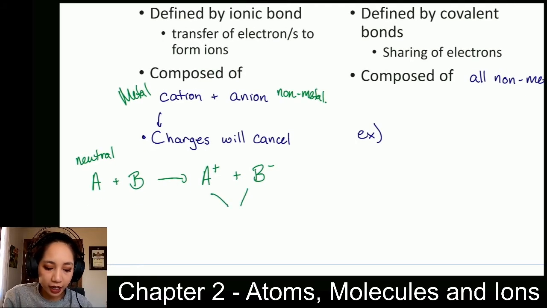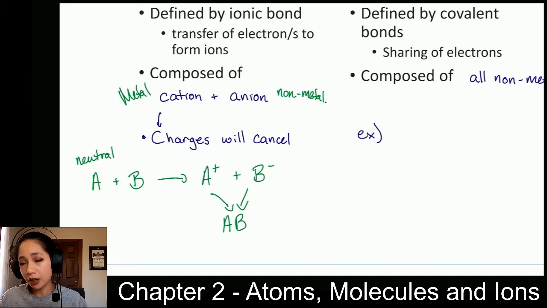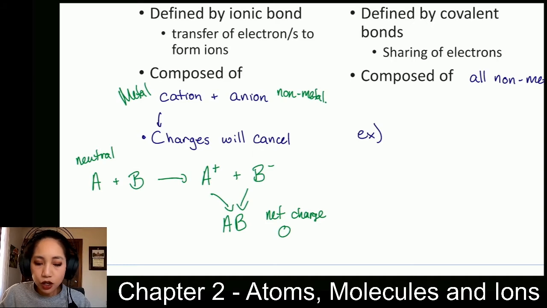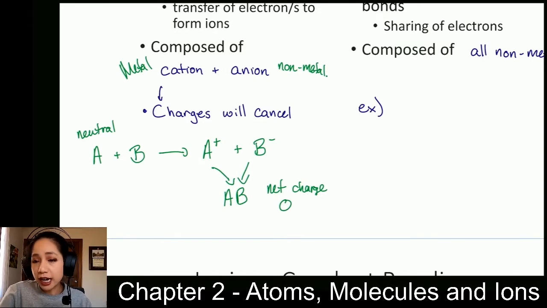But then together, when it forms an ionic compound through an ionic bond, it produces an AB ionic compound where the charges cancel. +1 -1 equals an overall net charge of 0. Net charge of 0.